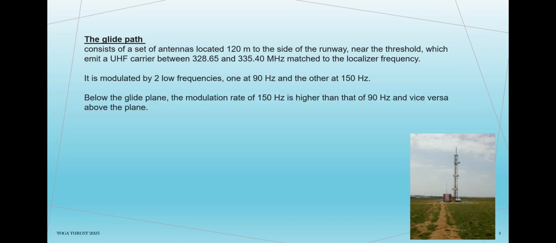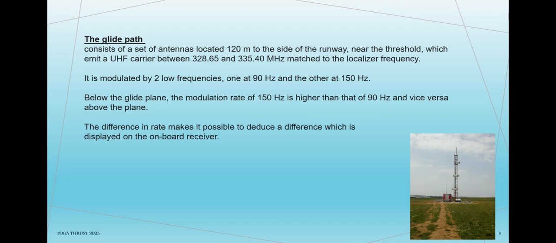Below the glide plane, the modulation rate of 150 Hz is higher than that of 90 Hz and vice versa above the plane. The difference in rate makes it possible to deduce a difference which is displayed on the onboard receiver. They provide an adjustable descent plane, generally of the order of 3 degrees, between 2.5 and 3.5.